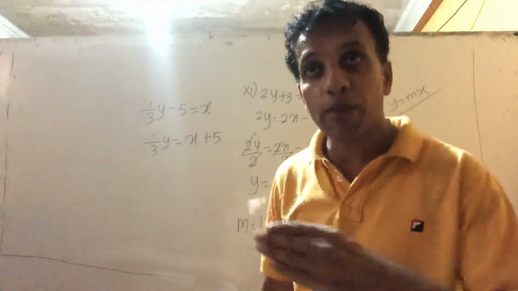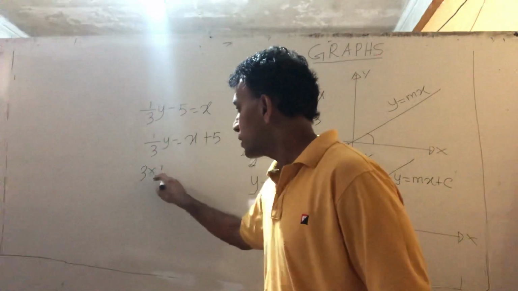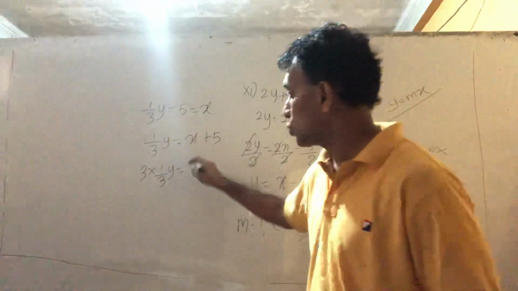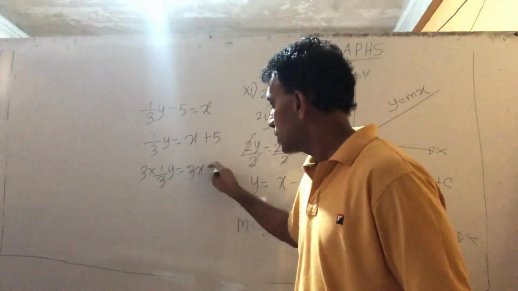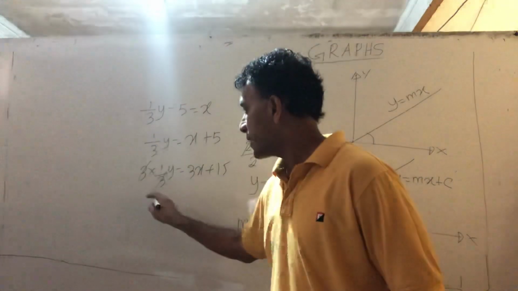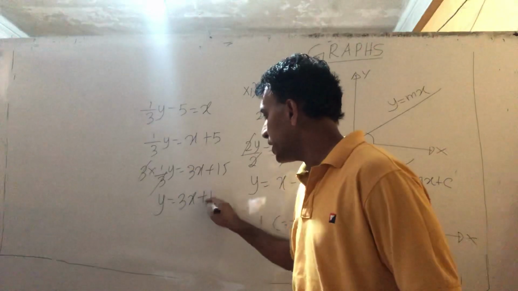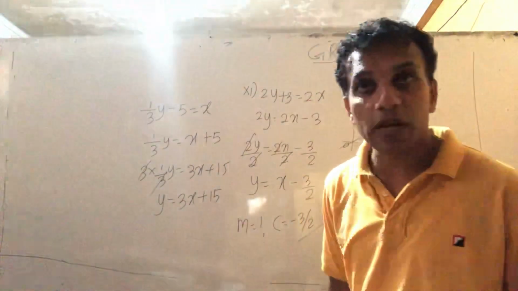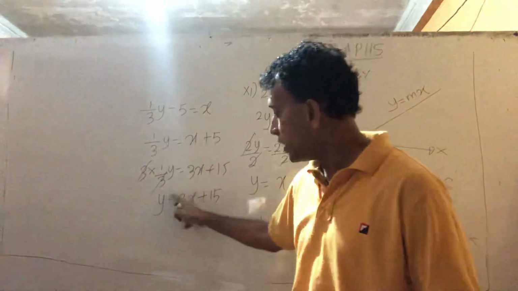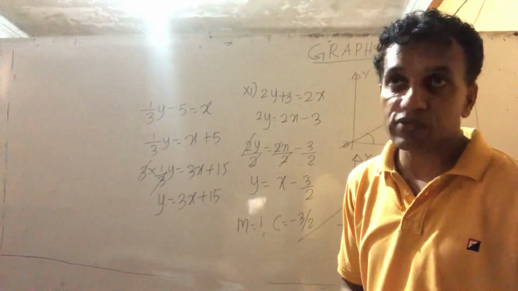So here multiply by 3 everywhere. 3 multiplied by 1/3 y, and 3x multiplied by 3, and 5 times 3 is 15. So 3 cancels, y equal 3x plus 15. So now it's very clear. m is 3, c is 15.